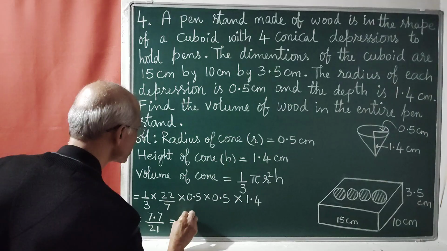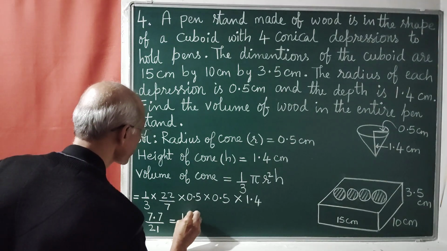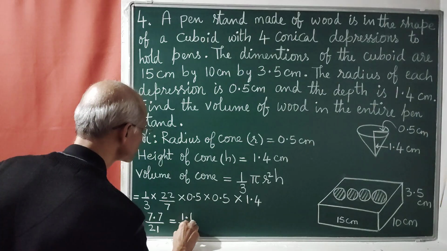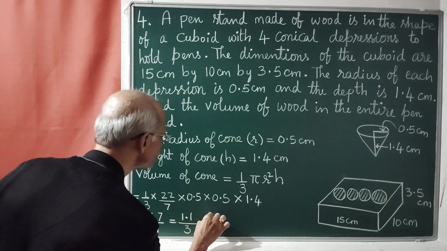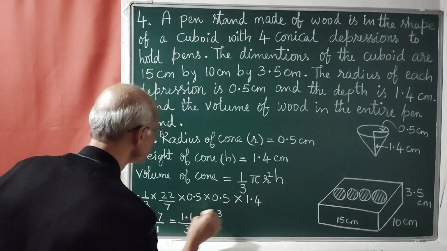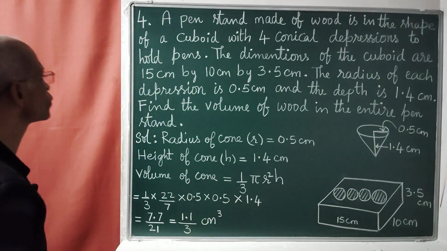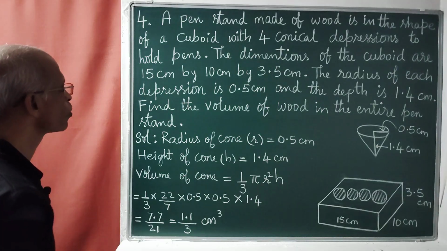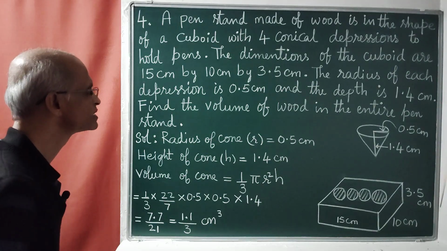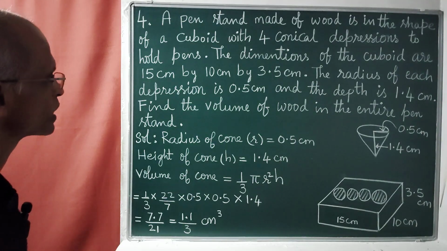So 7, if you divide with 7, you get 1.1 by 3 centimeter cube. So the volume of one conical depression is 1.1 by 3 centimeters cube.